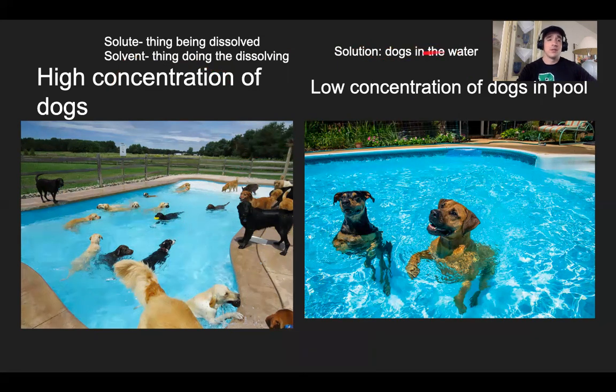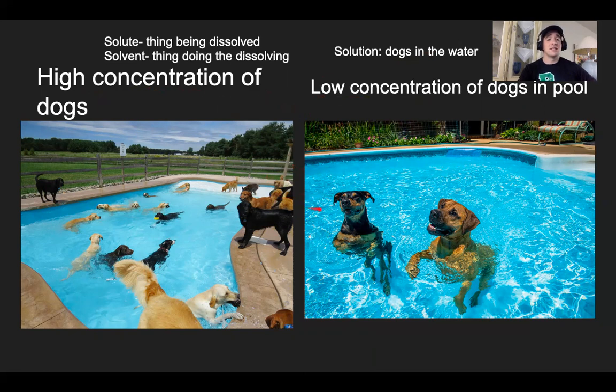So if we have the same pool twice, the high concentration of dogs will have the most dogs in that same given area. The low concentration of dogs will have only 2 dogs in that given space. So concentration is relative to the amount of space we have. Let's pretend that both these pools are the same size.